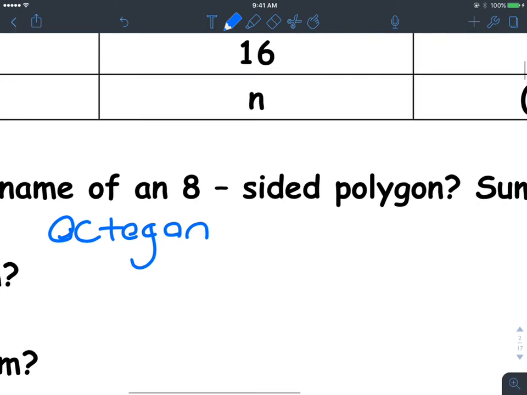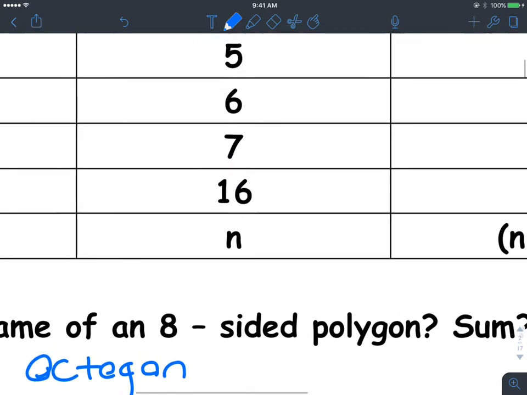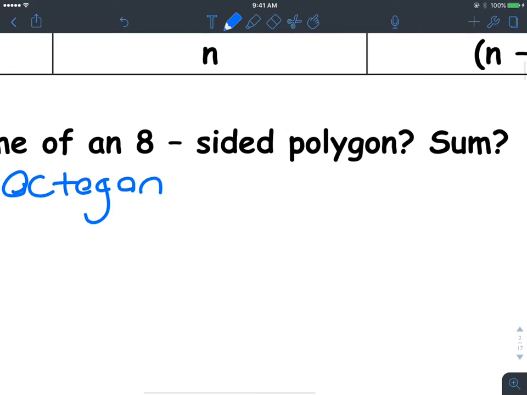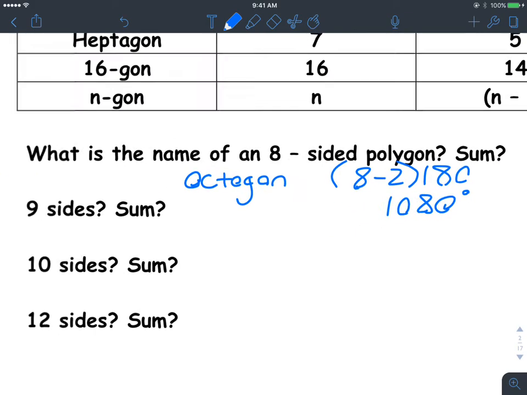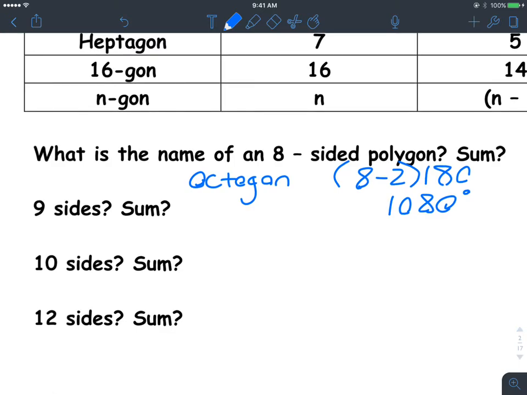You can either use the chart up above, which actually doesn't even have 8, so you would just do your formula, n minus 2 times 180. That's basically 6 times 180, which gets you 1080 degrees. Okay, 9 sides, I think that's a nonagon.